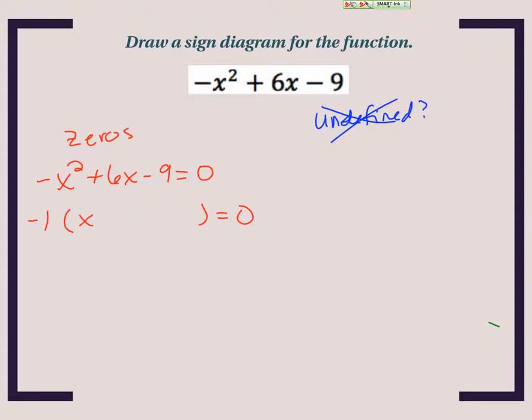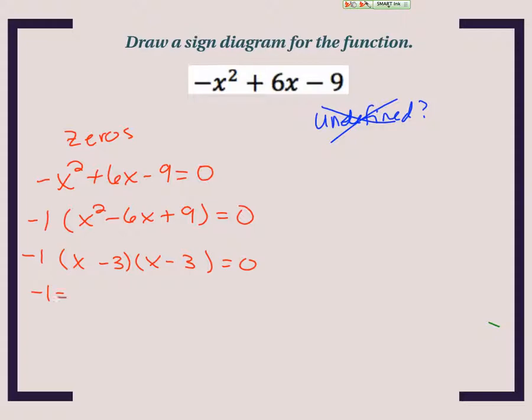That's going to change that to positive x squared minus 6x plus 9. Now I can jump to my 2 parentheses. Factors of 9 that combine to get negative 6. And because it's a negative 6, I have to have minus 3 and minus 3. Again, if you hate factoring, do quadratic formula.